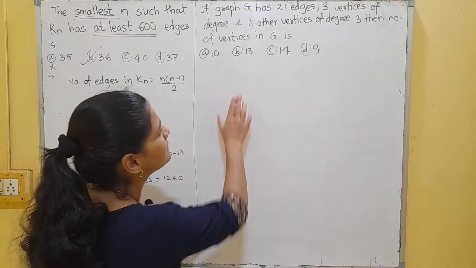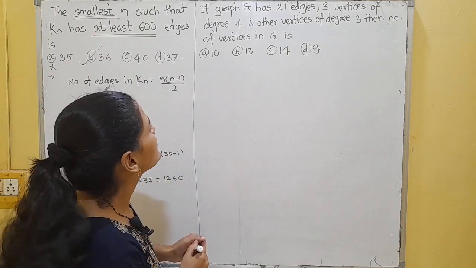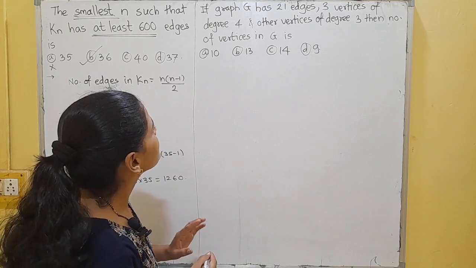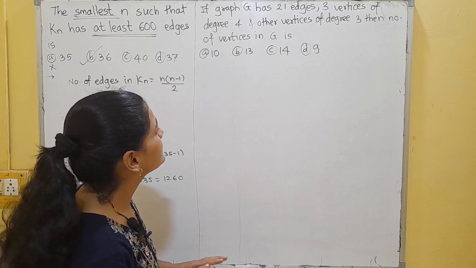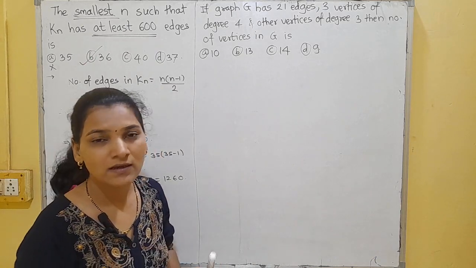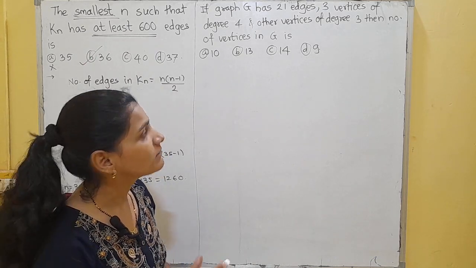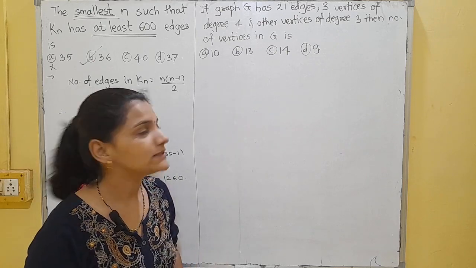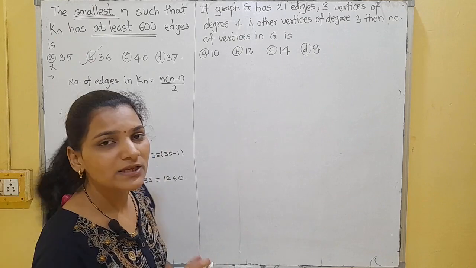Now we will discuss the second MCQ. In a graph G, 21 edges, 3 vertices of degree 4, other vertices of degree 3. Then the number of vertices in G is? We don't know the number of vertices, but they have given that in graph G there are 21 edges and 3 vertices of degree 4.